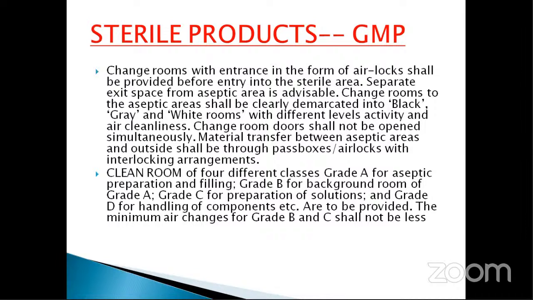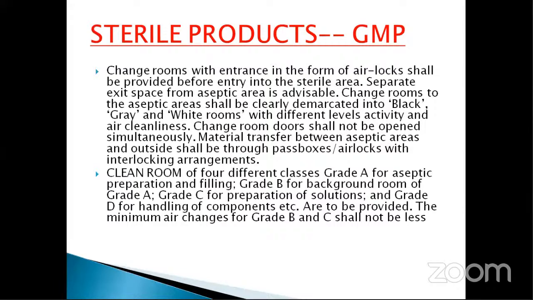Grade C is for the preparation of solution, just the next grade. By class, grade A means 100, grade B means 10,000, and grade C means 1 lakh, depending on the particulate matter present in the air.